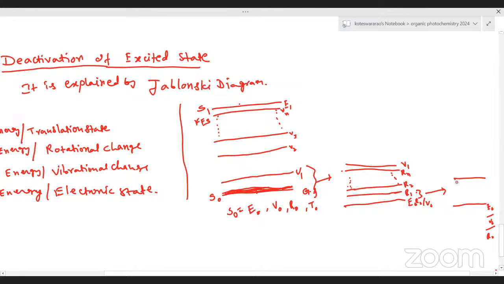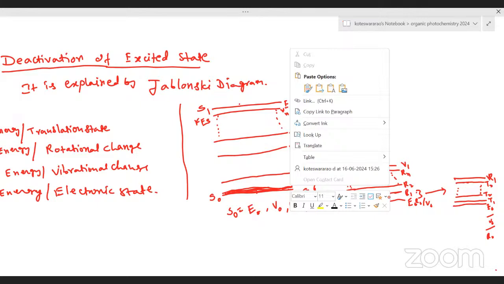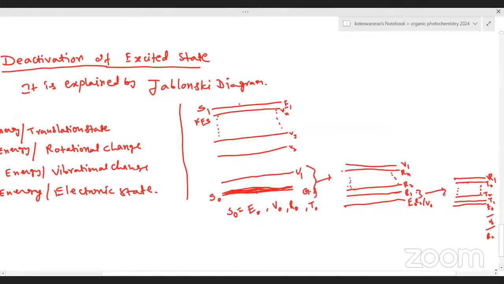From this level, we have several translation levels, T1 and T2 and so on, Tn. This is the R1. That means, look here. In between the two electronic excited states, several vibrational levels. In between the two vibrational levels, several rotational levels. In between the two rotational levels, several translational levels.